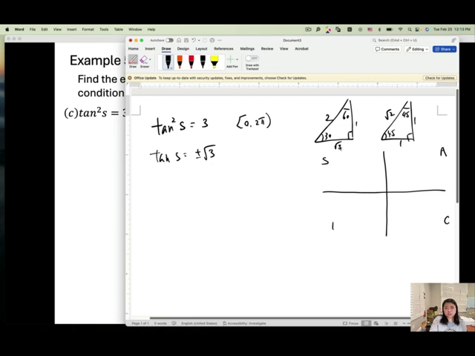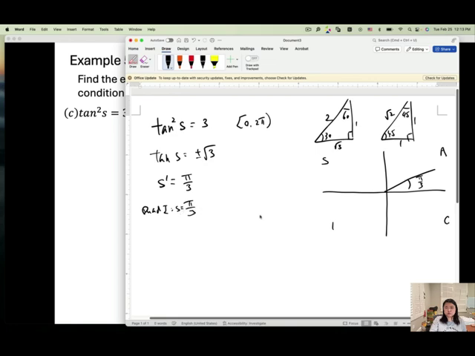And then look at the triangle, tangent S equal to rad 3 over 1. So that will be 60 degrees. So the reference angle will be pi over 3. And one more time, plus minus, you're going to take all of quadrants 1, 2, 3, 4. So in quadrant 1, the reference angle will be pi over 3.